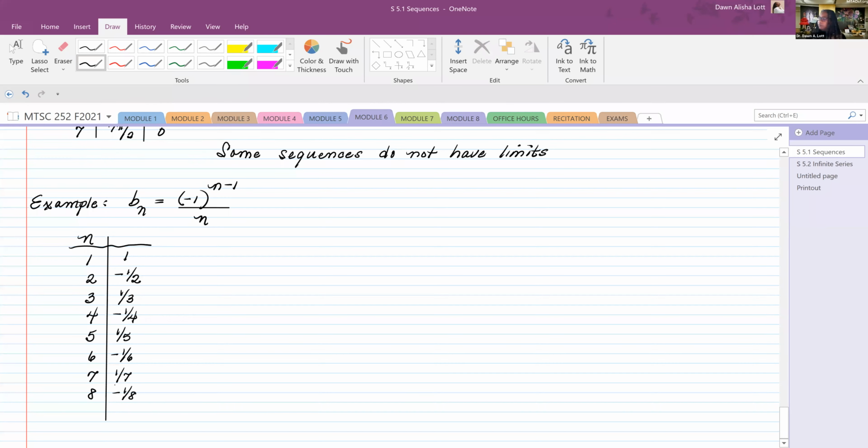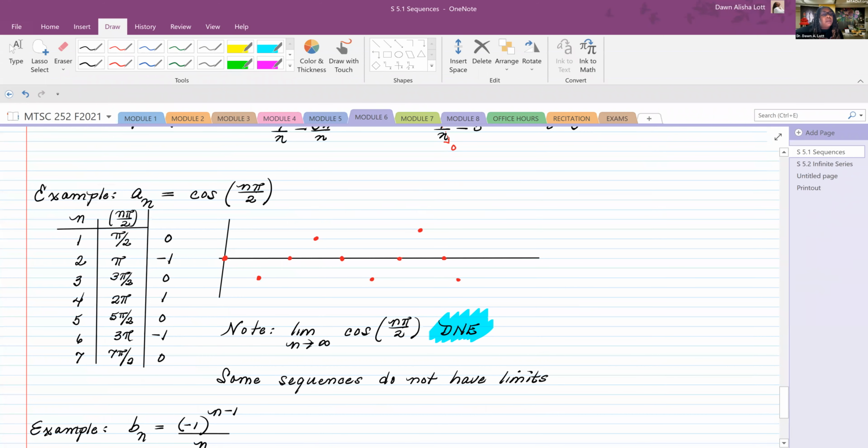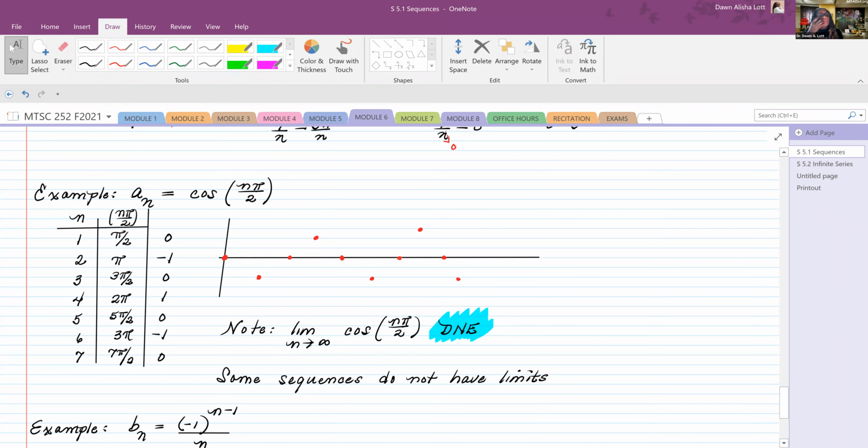Okay. So I don't even really need to plot this when you can see what's happening, but I will. Okay. So as I plot these things going out to infinity, when n is 1, so here's, I think I made a mistake. I did.